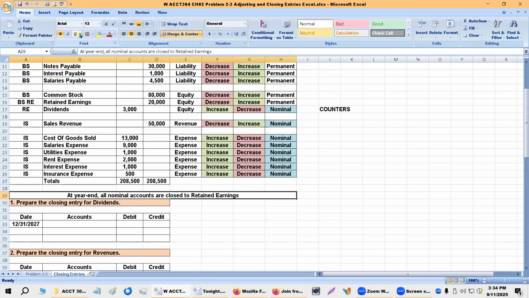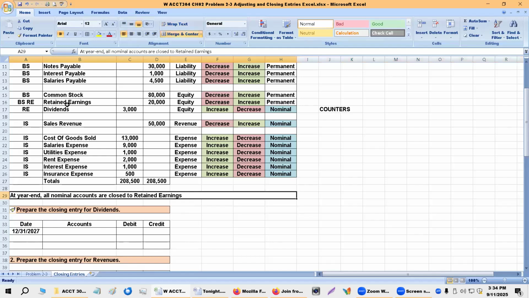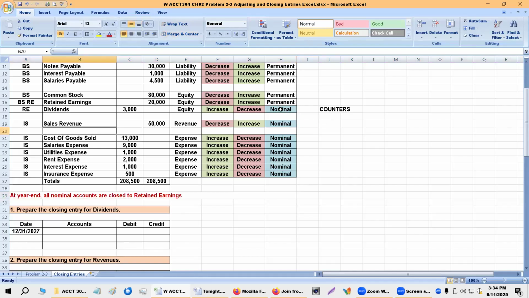Okay, so all of these are closed to retained earnings, all these nominal accounts. So these are all going to go.